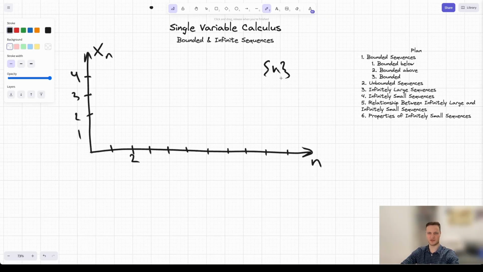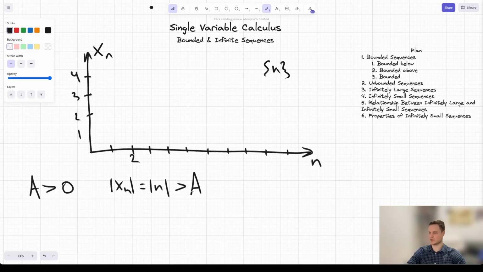Let's prove that the sequence n is infinitely large using the definition we have just introduced. The proof may be a bit weird, but this happens frequently in math. Let's take a, which will be any positive number. From the inequality, we can get the following. Because we know that n is positive, we can open the absolute value, so this will be n more than a.